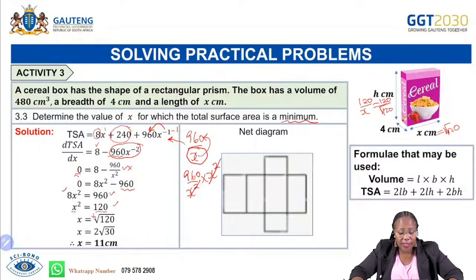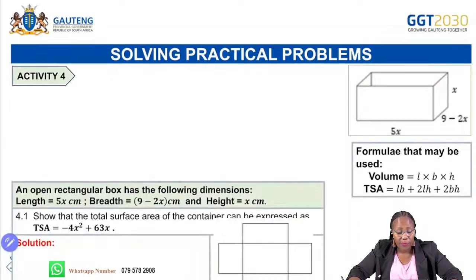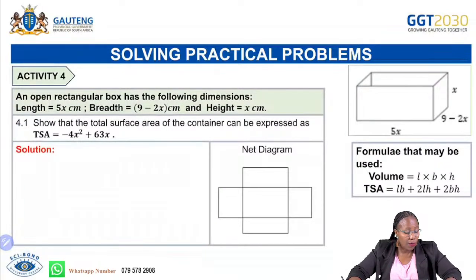You can write this as 11 centimeters, grade 12. So that will be basically 11 centimeters approximately. So the x side will be 11, and then the height will be 120 divided by 11 there.